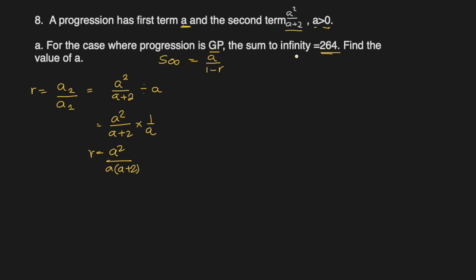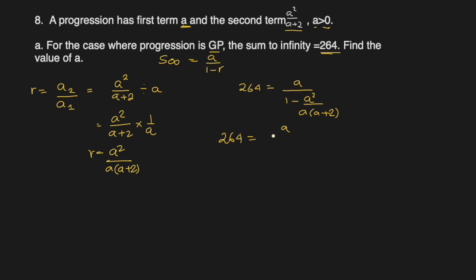Sum to infinity is 264, equal to a divided by 1 minus r. r is a over a plus 2. It becomes a little complicated, but no problem. Don't lose your control over the situation. 264 remains 264. We need to simplify this one.